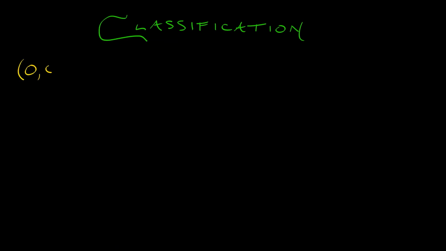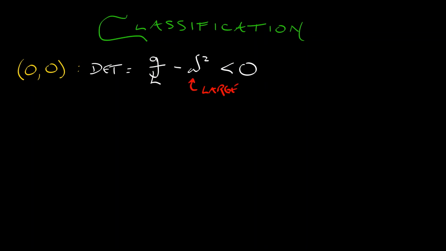First of all, at the origin, what do we have? We know the trace is 0. The determinant, when you evaluate theta and v at 0, you get g over L minus omega squared. And this is going to be negative. Remember, we assumed that this angular speed, this omega, is sufficiently large. That means that we've got a saddle point at the origin.